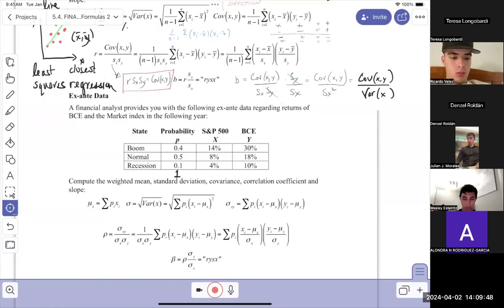And you should notice that I'm using these Greek letters. Now, why am I using the Greek letters? Greek letters are reserved for parameters. So what we have here are population parameters.